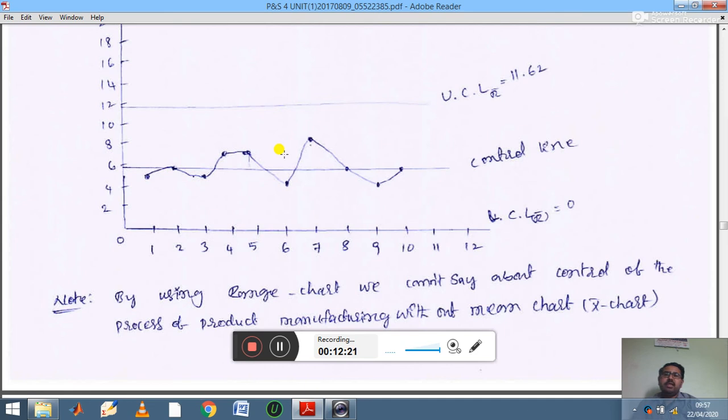Therefore you can decide that for the given data, your process is under control. You need to conclude this. Because your plotted curve is not going beyond UCL and LCL, your process is under control. I hope you understood with this example how to draw the R chart.